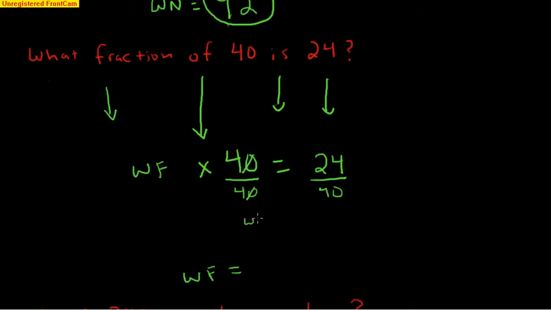Wf equals 24 over 40. Let's start with dividing by 2. If we just did 2 over 2, we'd end up with 12 over 20. 2 over 2 again.